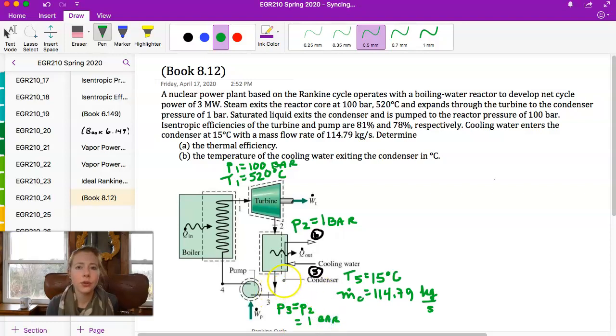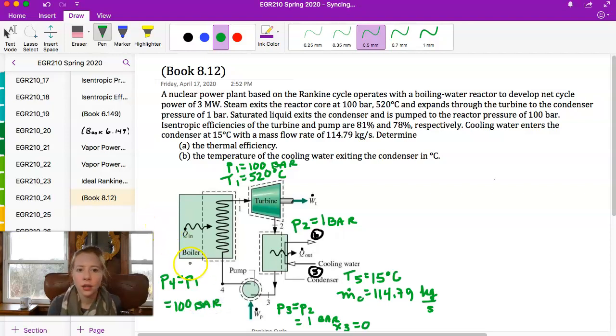And we're also told that we're at saturated liquid, so our quality at state 3 is 0. Okay. And we have some work going into the pump. And for state 4, we know that pressure at state 4 is equal to pressure at state 1, which is equal to 100 bar, since we're told this is the Rankine cycle.